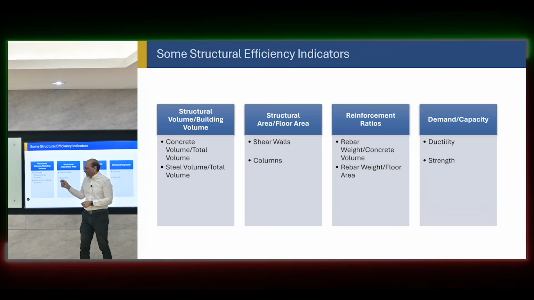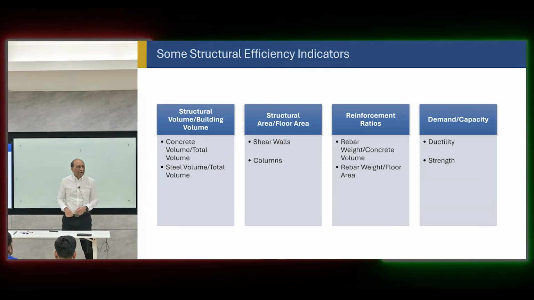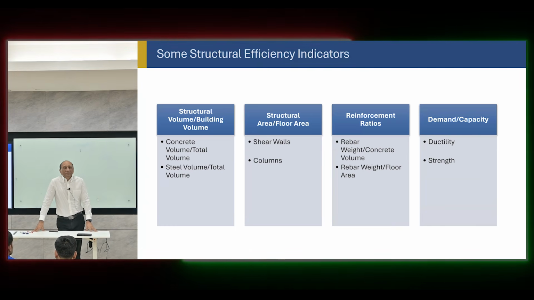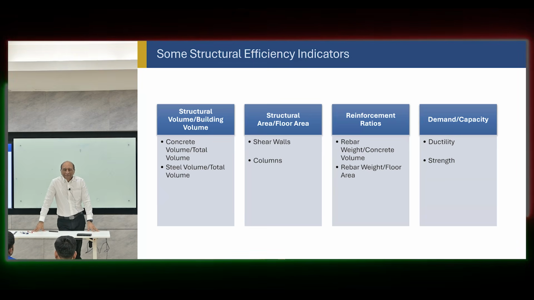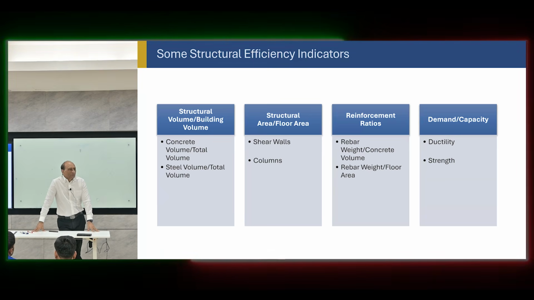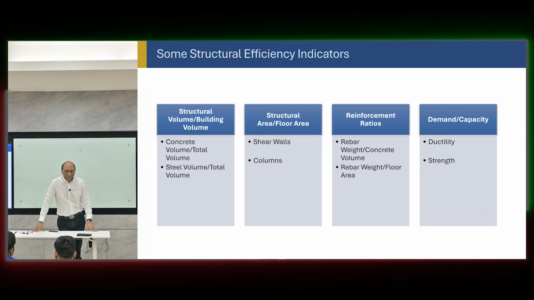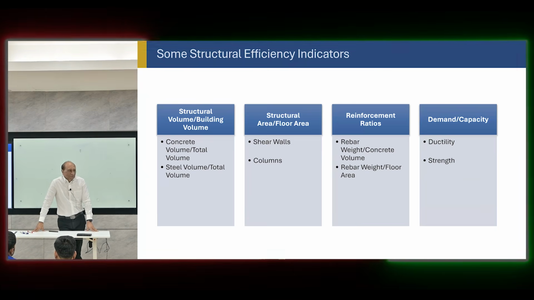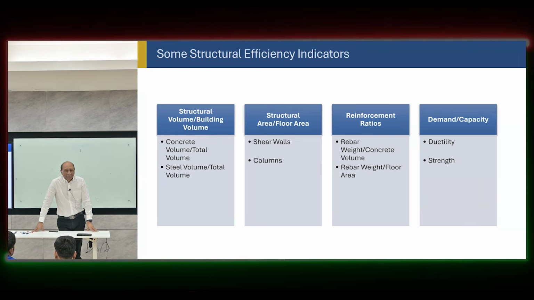And some engineers, some designers, not a good practice, will go to a client and ask, oh, what reinforcement ratio are you getting? The client may say, okay, I'm getting 120 kg per cubic meter. Oh, I can make it 110 kg per cubic meter. Give me the project, and I will take 5% or 10% of the saving. So some clients are inclined to that and they say, okay, go ahead.